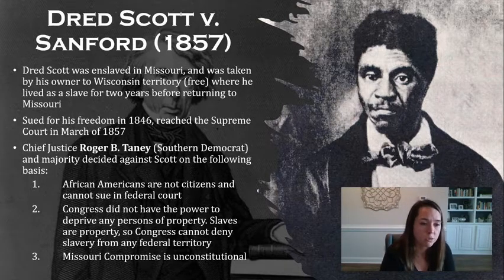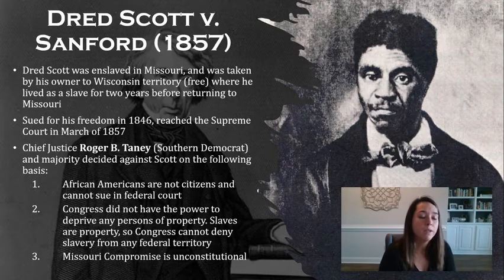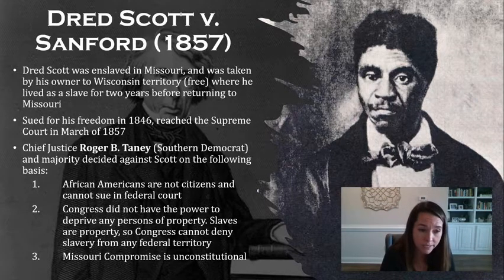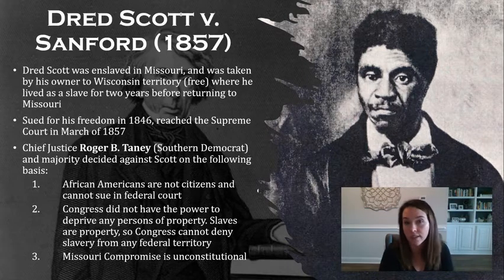So the first thing that Roger B. Taney in the opinion basically stated was that, first of all, African Americans are not citizens, and therefore you cannot sue in the federal court. So that was a constitutional issue. They said, you're not citizens. Second thing is, and this is very much the pro-Southern view, Congress does not have the authority to deprive any persons of property. Slaves are property, and Congress cannot deny that property in the federal territories. Now, states are different.